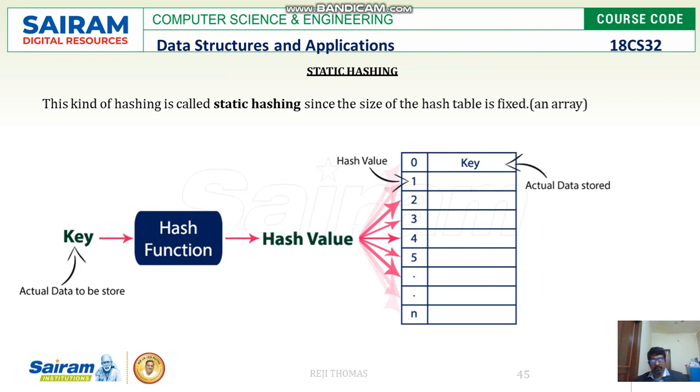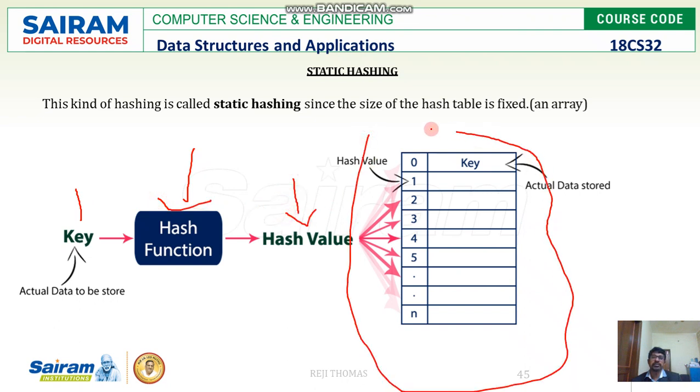Next, as I told, there are different hashing techniques like static and dynamic hashing. In static hashing, the hash table is fixed. We cannot change this. You could see here there is a key value, then the hash function, which is going to give the hash value, and this hash table remains fixed.